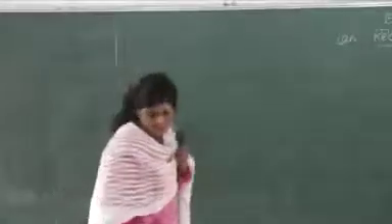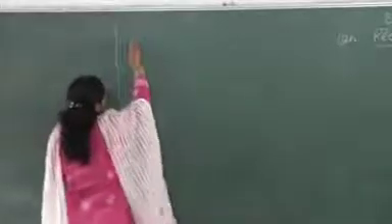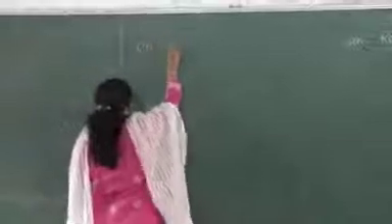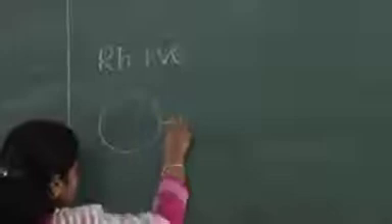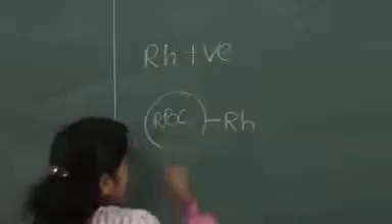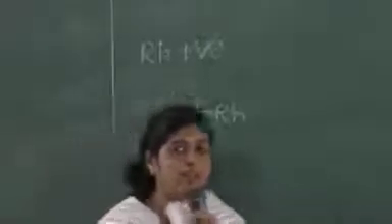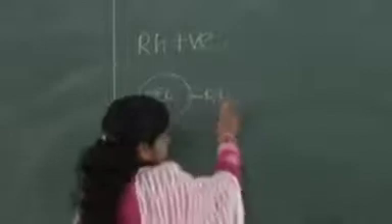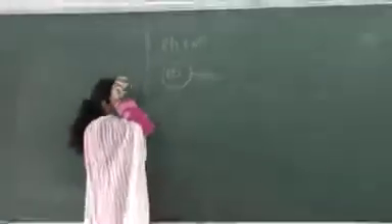See, one thing you have to understand: if a person is Rh positive, that means he has Rh antigen on his RBC. Fine? When we are talking about Rh, this is an antigen again, because it is present on the surface of RBC.